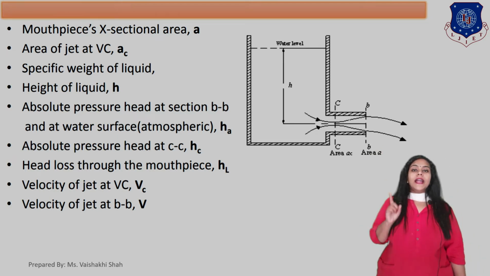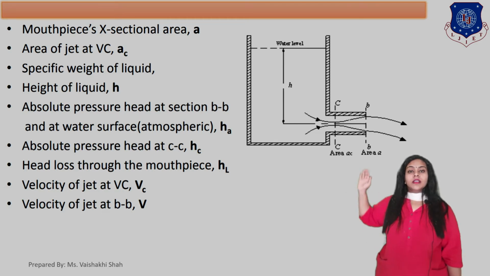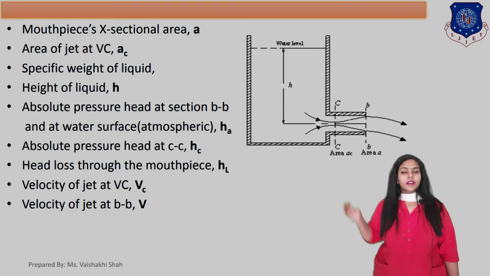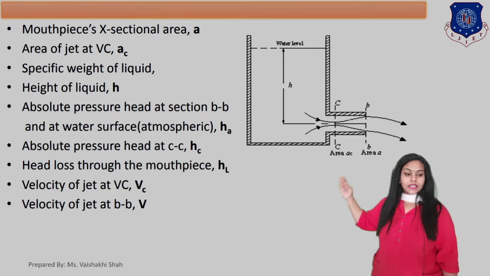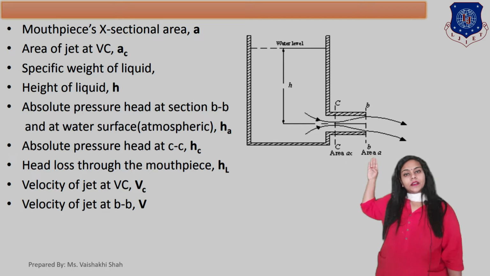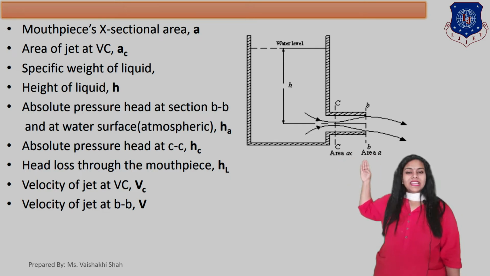HA is your atmospheric pressure head, and the head loss through the mouthpiece is HL. Now the velocity at the vena contracta is VC, and the velocity at B is V.